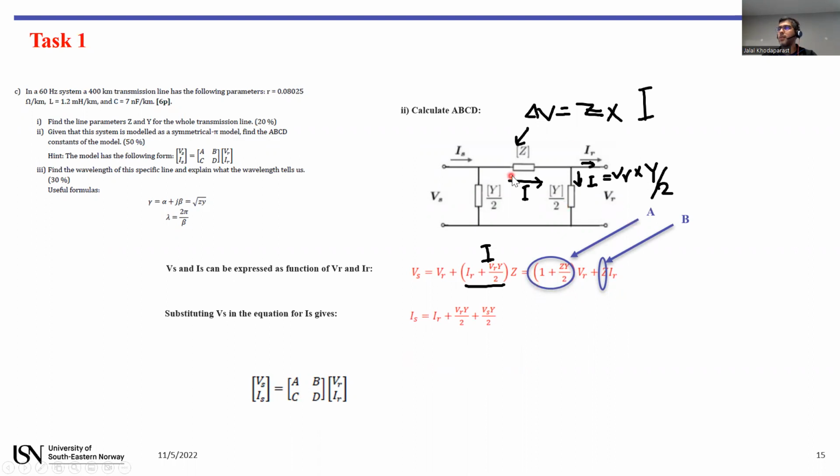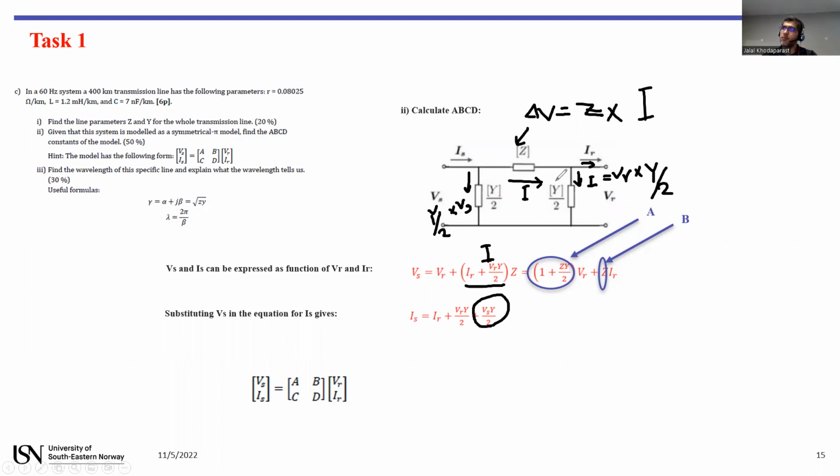According to this equivalent model, we know that IS, this current, is the sum of this current and this one. And this current is Vs times half of Y, plus this current.